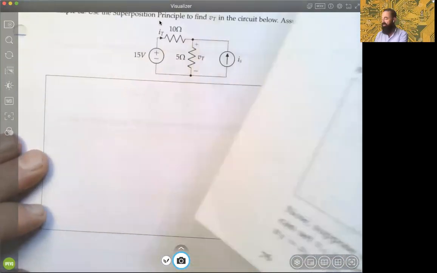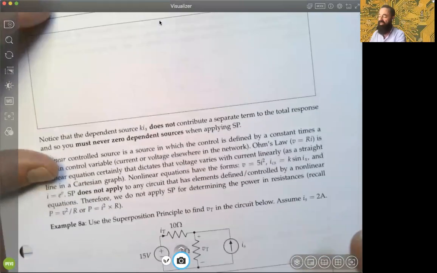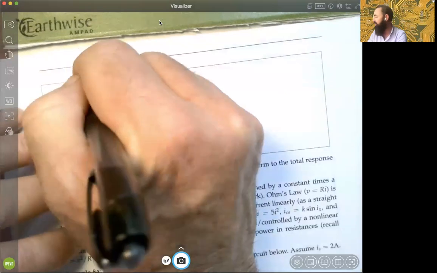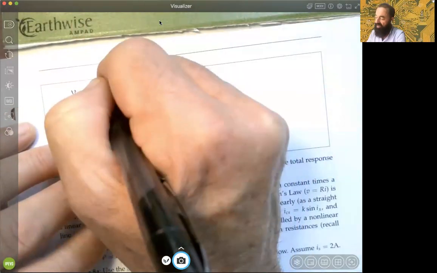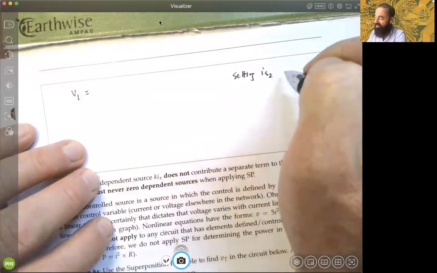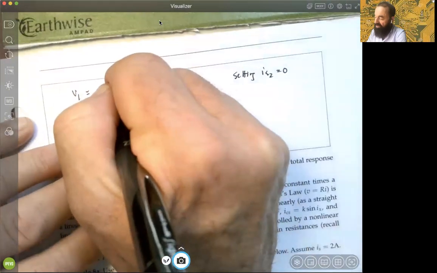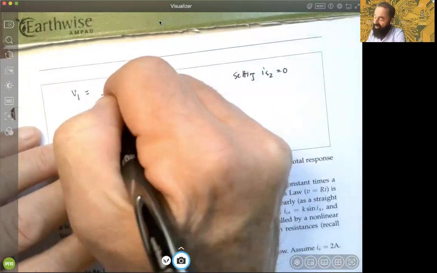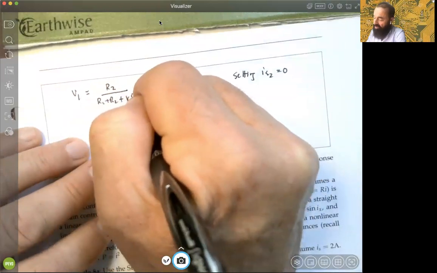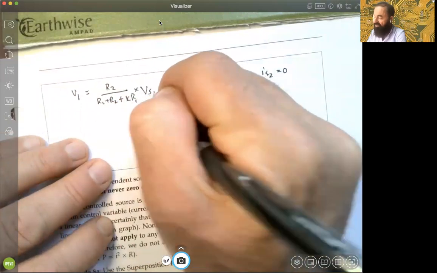If we go on to page 77 and were to write each of these terms out, what we're saying is that the first response, V1, would be obtained by setting the current source equal to 0. Then that response is that first fraction, R2 over R1 plus R2 plus K times R1, multiplied by VS1.